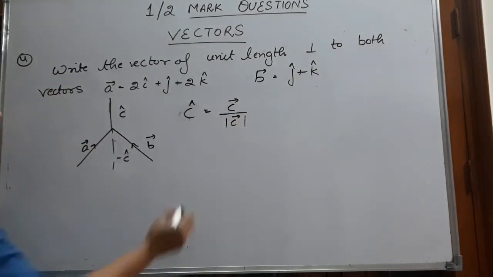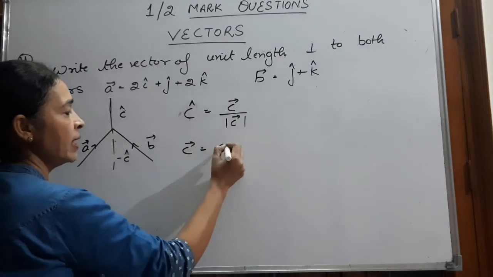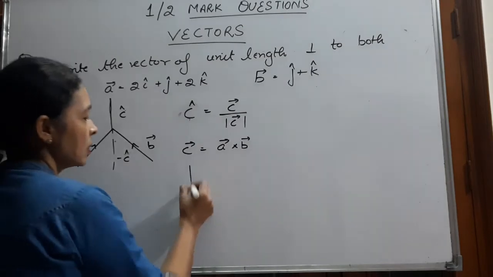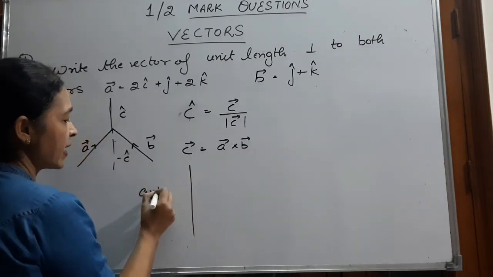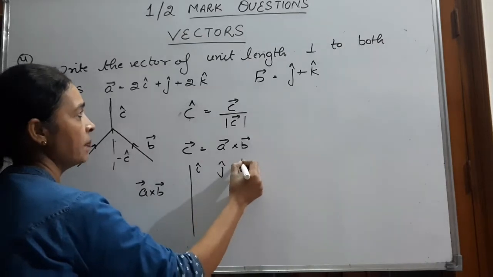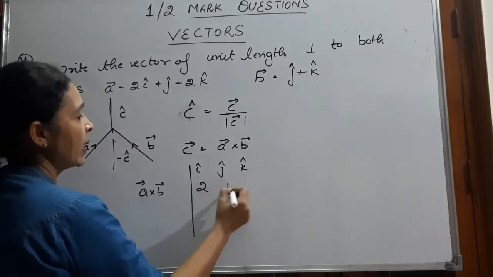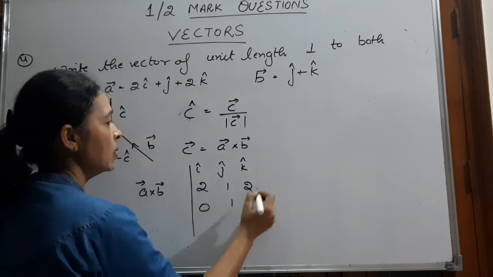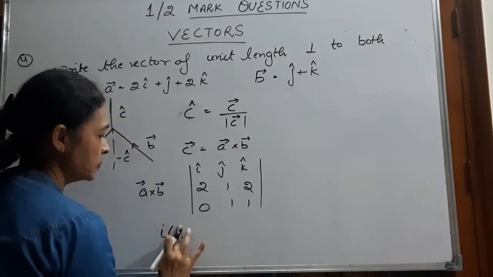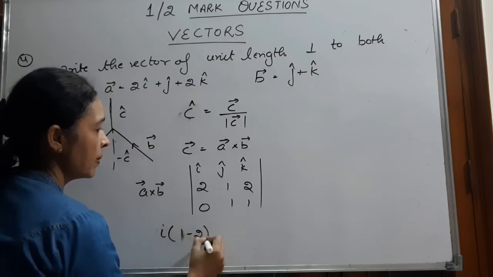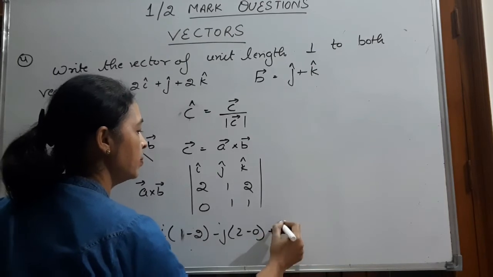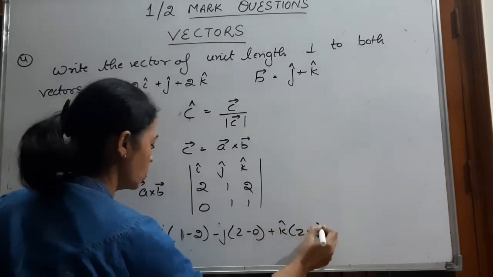What is vector C? Vector A cross vector B. Vector A cross vector B is I cap, J cap, K cap, 2, 1, 2, 0, 1 and 1. We have I into 1 minus 2, minus J into 2 minus 0, plus K into 2 minus 0.